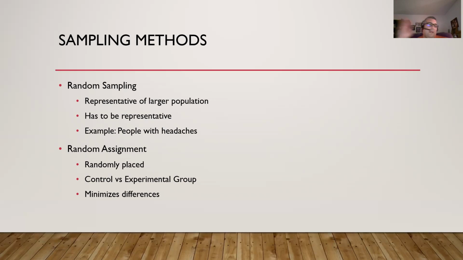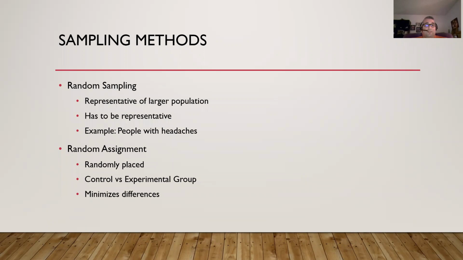So you don't really have to have that. But if you do have an experimental one where there's a control group and an experimental group, you're going to do what's called randomly assign. So the experimental group gets the drug, the control group gets the placebo. Now it minimizes difference, so that's key.